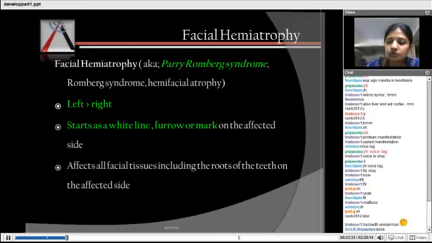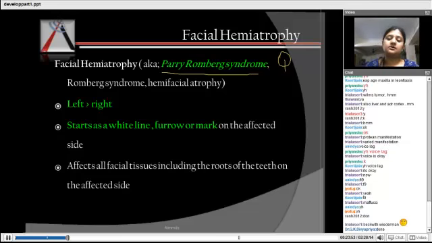Coming to hemiatrophy. What we've covered previously was hypertrophy. We'll now do atrophy, when one side is actually shrunk. Facial hemiatrophy, like I was telling you previously, has a lot of other names which are important, synonyms. It is also called Parry-Romberg syndrome, MCQ.